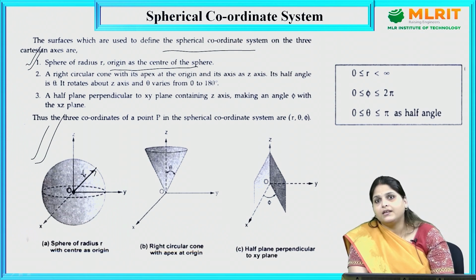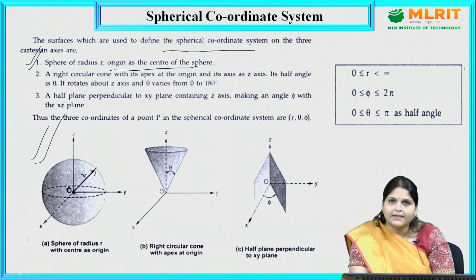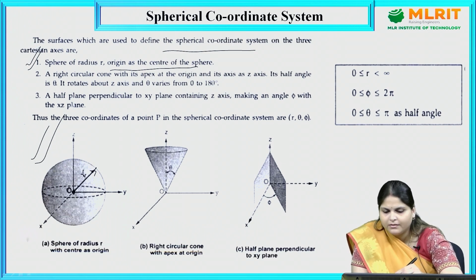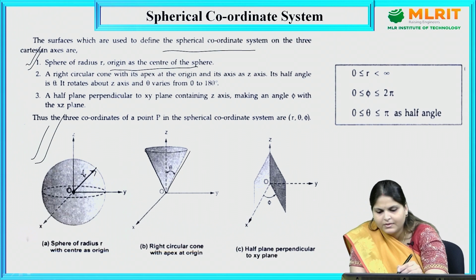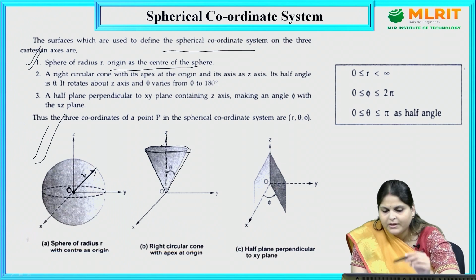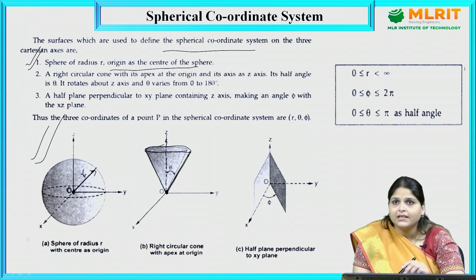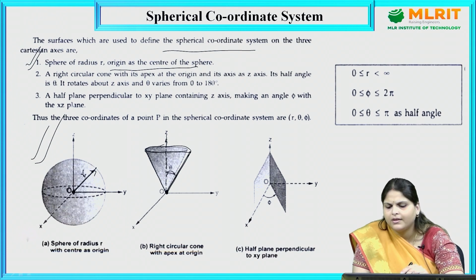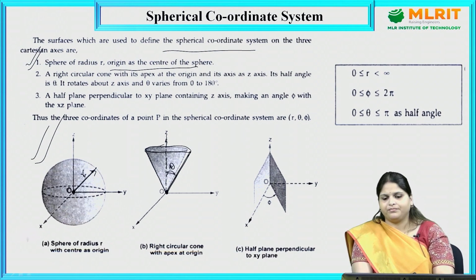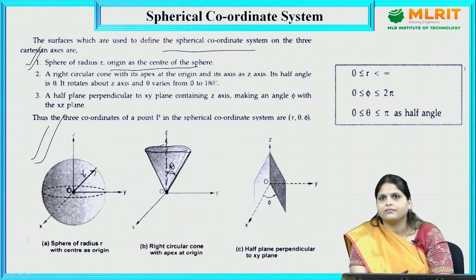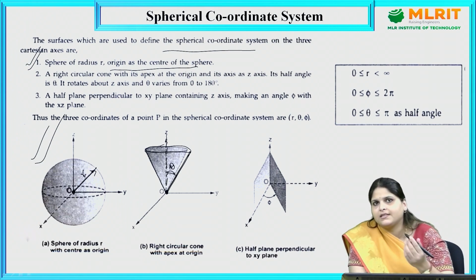The second one which we need is a right circular cone with its apex at the origin and its axis along the z axis. We need a cone. In simple language, its axis would be the z axis and its apex is the origin, right? It starts like this and forms a half angle, or simply an angle theta with the z axis, and it rotates about the z axis.